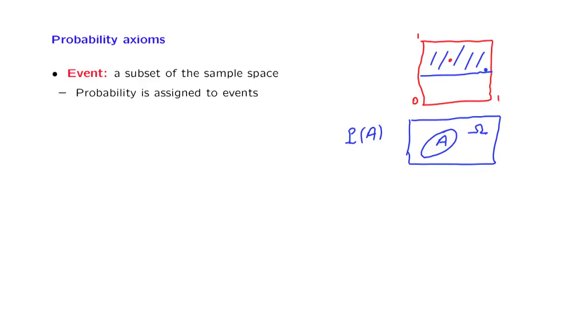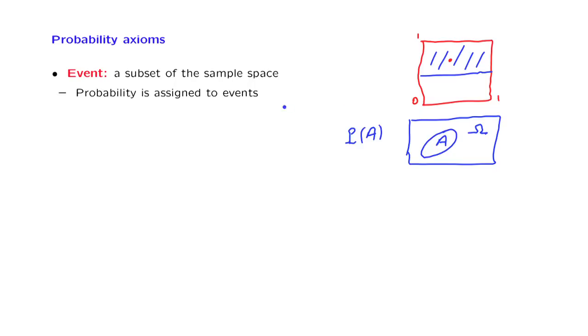So even though individual outcomes may have zero probabilities, sets of outcomes in general would be expected to have positive probabilities. So coming back, we're going to assign probabilities to the various subsets of the sample space.